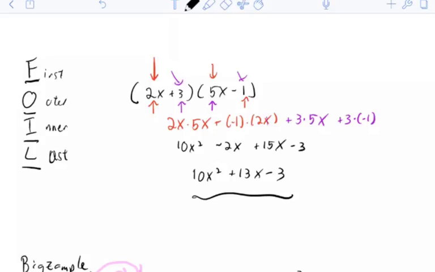But thinking of this operation as a procedure where you just follow some steps makes math seem a lot more complicated than it actually is. I mean, really, this is just a fairly simple algebraic operation that you should understand how to do.